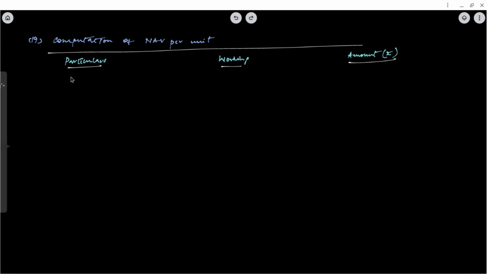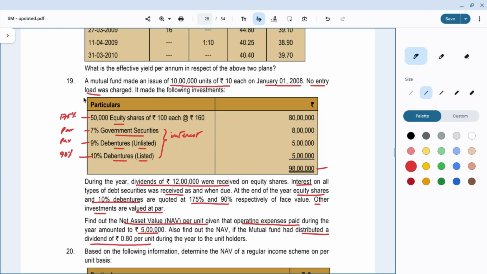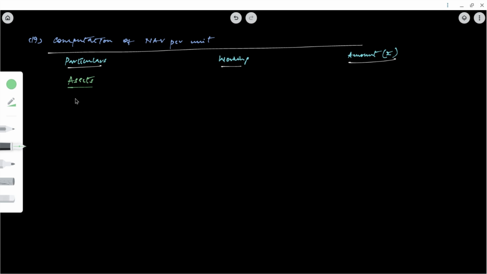First it is assets, right? So what all assets are given? Equity shares, government securities, debentures unlisted, debentures listed, and cash that we computed. So first we'll write cash, working note 1. It is 10 lakh 51,000.